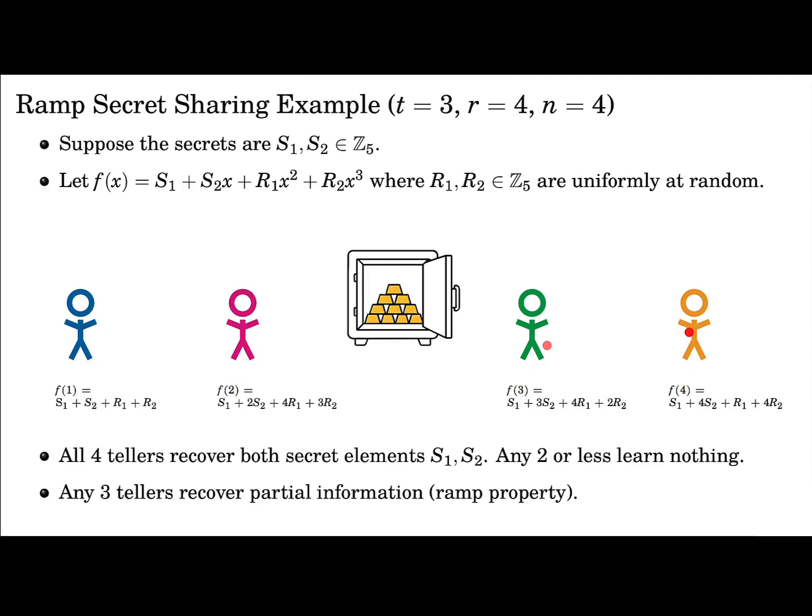And so f of 1 is going to get this equation here, f of 2 will get this equation here, f of 3 will get this equation, and f of 4 will get this equation. And once again, you'll have a linear algebra way of looking at it. In this case, if you get 4 equations, notice that you have 4 unknowns here, so you can solve for them, and then once you solve for them, you retrieve the secret that you're interested in.